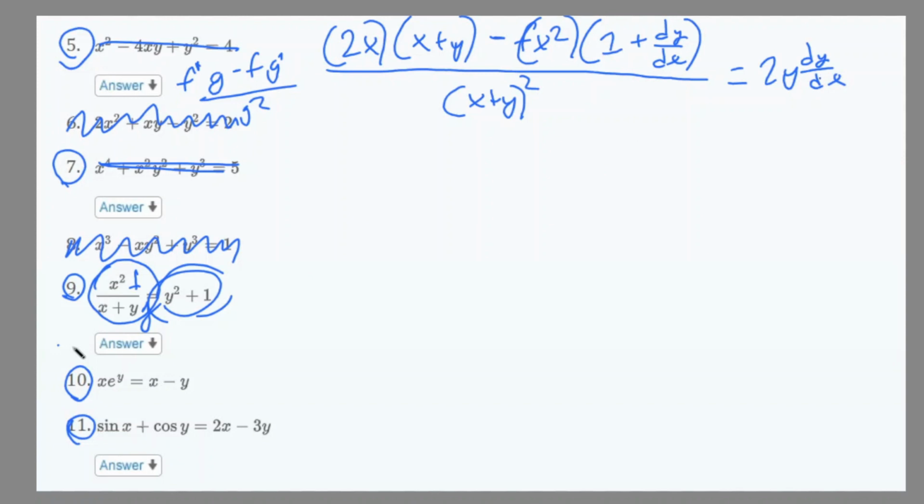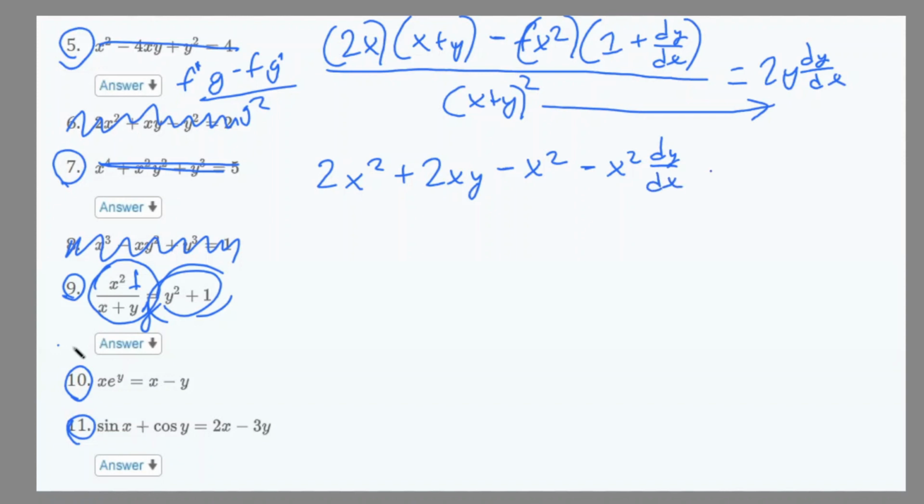So what we're going to do is multiply everything out and then see what we're dealing with. Also, we're going to push this to the right side just so we don't have a fraction. If we multiply everything out, we'll have 2x squared plus 2xy minus x squared minus x squared dy/dx.